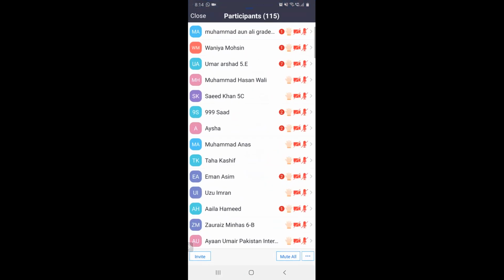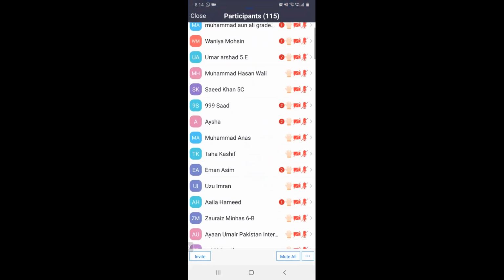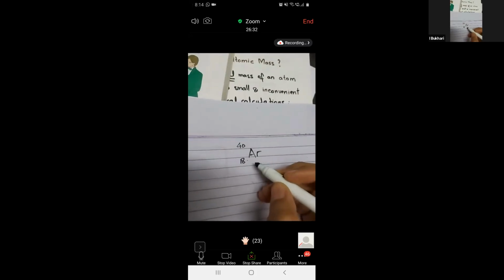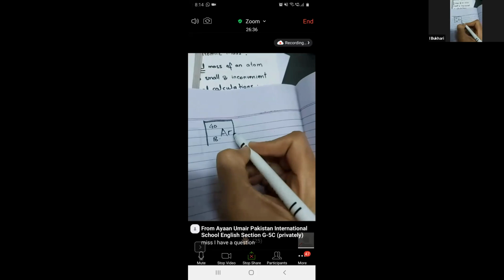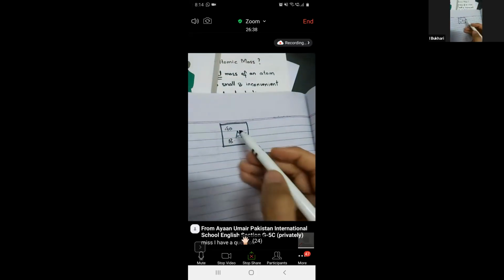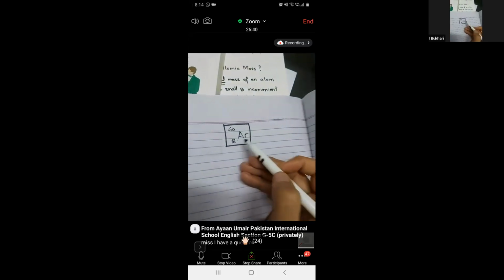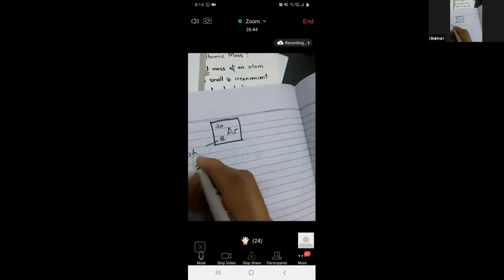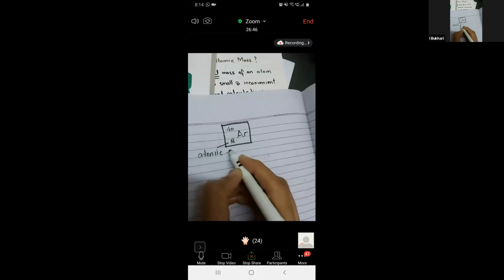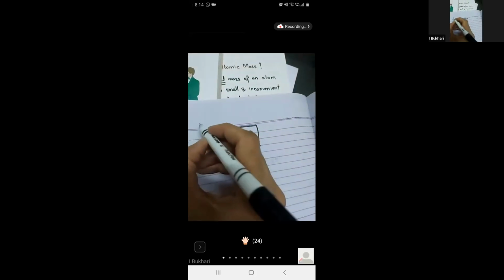So I'm going to start my video. I just want to emphasize this point a little bit more. When you see something like this in the periodic table, with two numbers at the top and the bottom, remember the smaller number is going to be the atomic number and the bigger number is going to be the mass number.